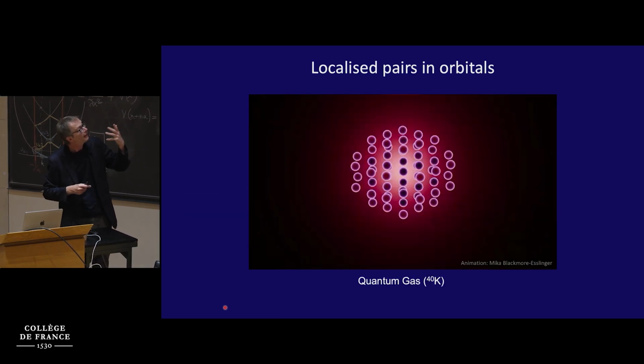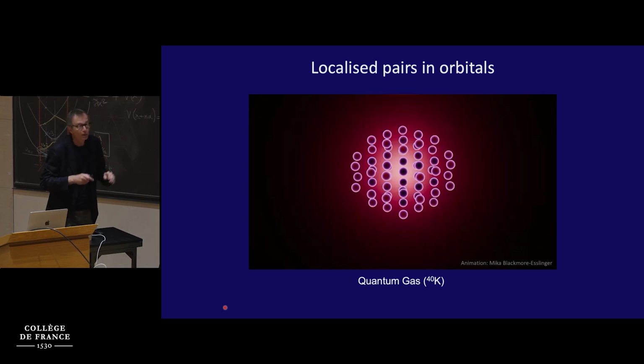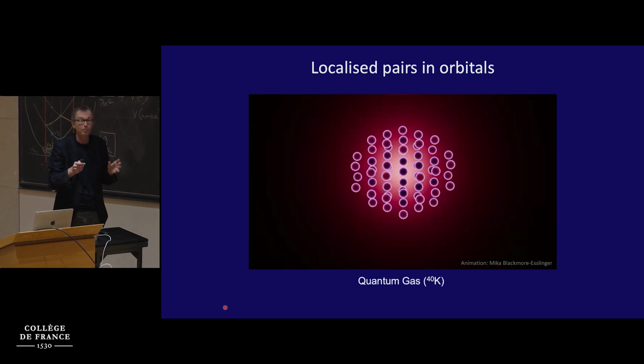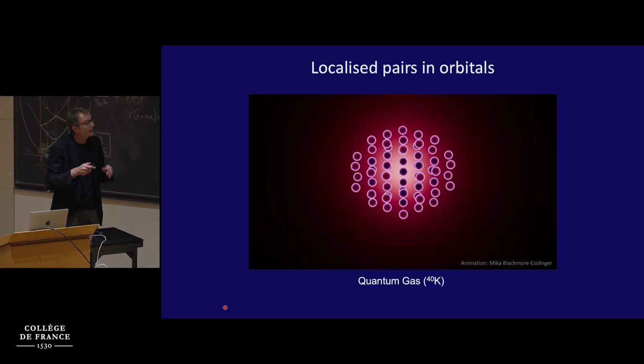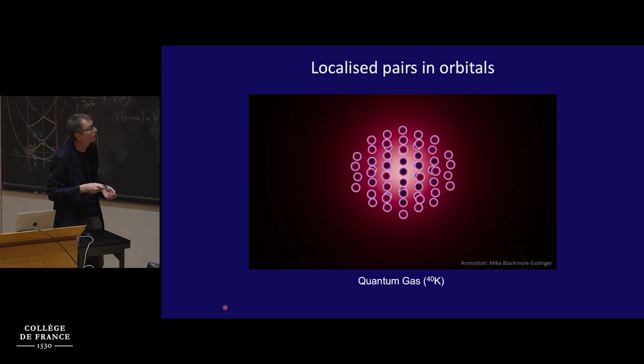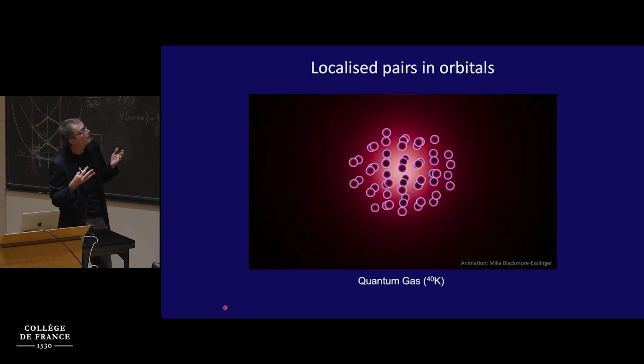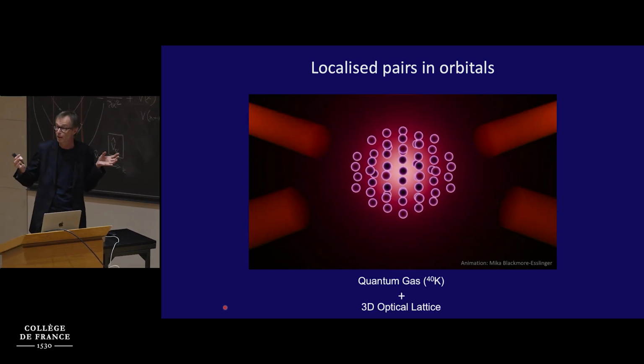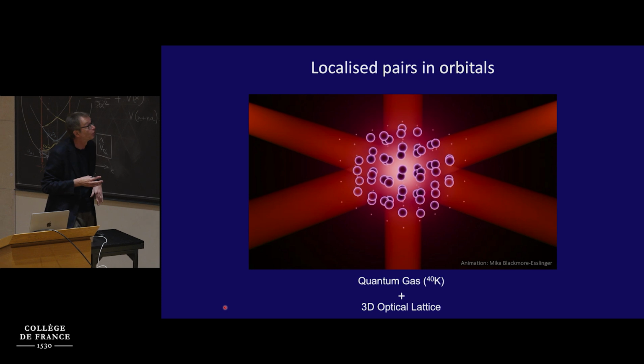To get many localized pairs, we start with a potassium-40 gas, a fermionic gas, in different spin states, like spin up and spin down in the electrons. And then we expose them to standing laser waves in 3 dimensions.